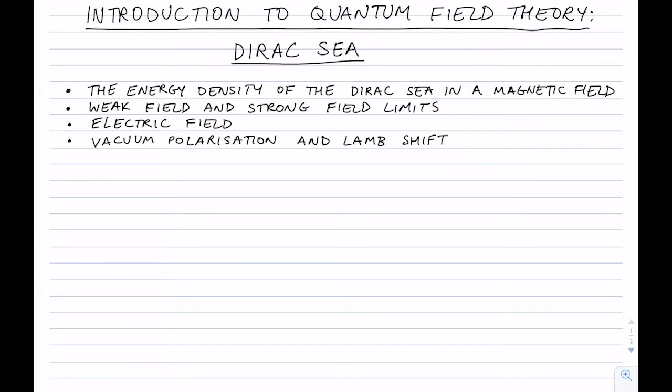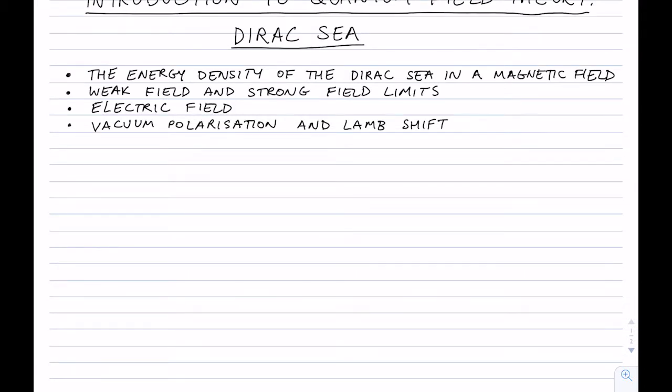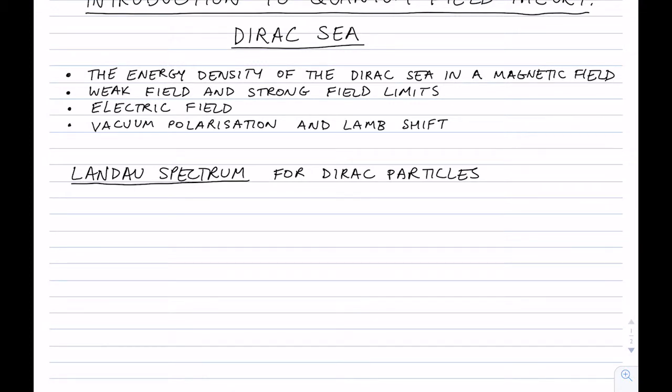The first thing we need to do, and I'm just going to bring this one from the sky, is look at the Landau spectrum. The Landau spectrum for Dirac particles is written as energy equals plus or minus the square root of m squared plus p squared.